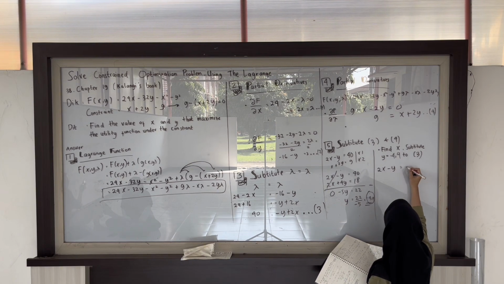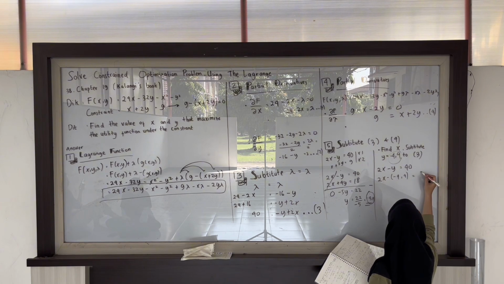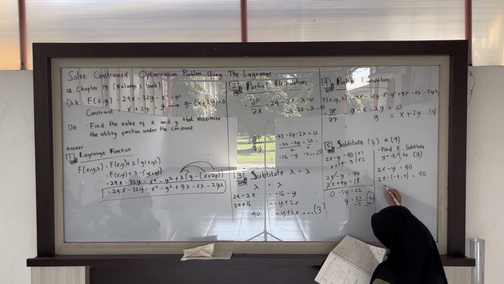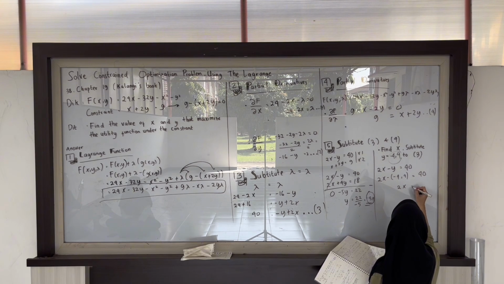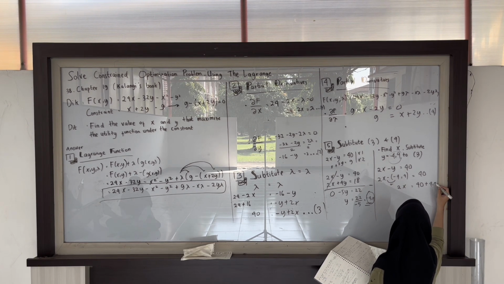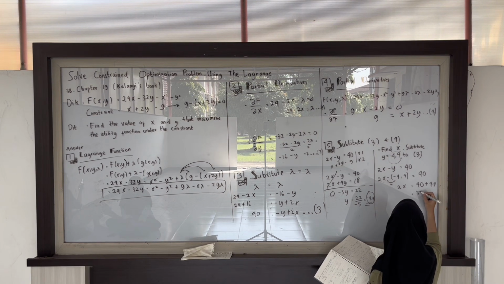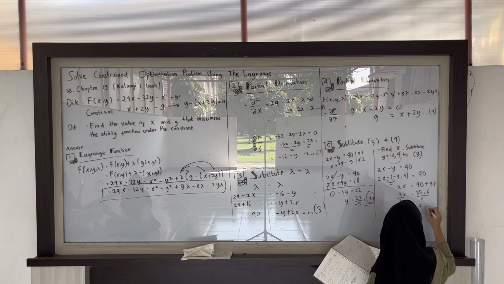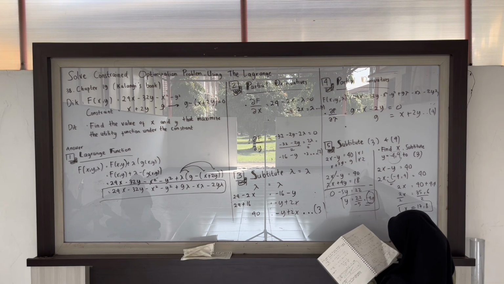We substitute this y, minus 4.4, so 2x equals 14 plus this, since minus times minus is plus, 4.4, and get 35.6, and we divide by 2.